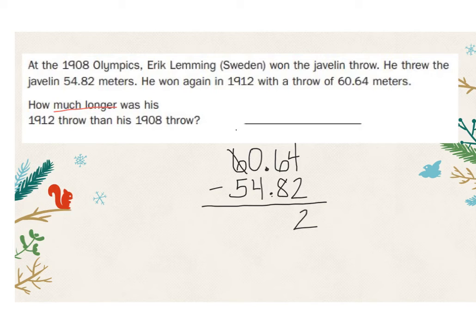Ask a 10 to give up 1. That would give this set a 9, and this would become the 10. So 16 minus 8 brings it down to an 8. 9 minus 4 says there are 5 ones, which leaves you with 0 tens, and it looks like the label was javelin throw, measured in meters.